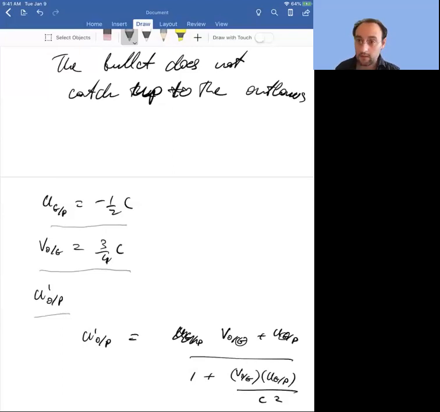Let's try to work the magic with our subscripts. The speed of the outlaws relative to the police is the speed of the outlaws relative to the ground plus the speed of the ground relative to the police. You see, again, these G's kind of cancel. It's not a cancellation in a mathematical sense. It's a cancellation in our bookkeeping sense.